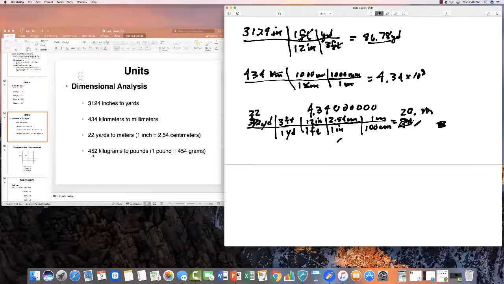The last one, 452 kilograms. And I've told you that 1 pound is 454 grams. So we know that there are 1,000 grams in a kilogram, and there are 454 grams in a pound.